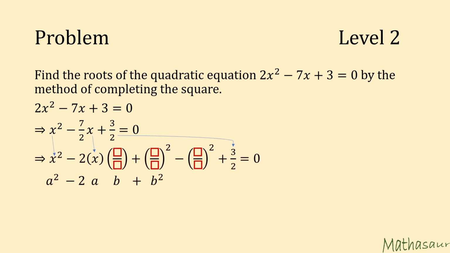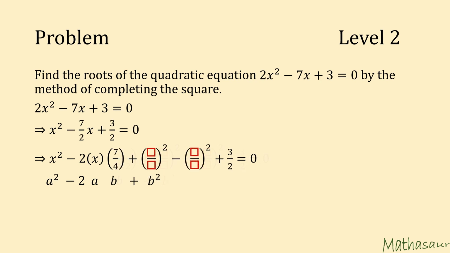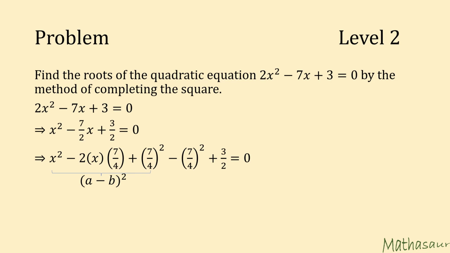Let us compare this with a square minus 2ab now. Now if a was x, then we would get b as 7 divided by 2 times 2, or 7 by 4. So let us add and subtract 7 by 4 whole square. Now we could reduce the first three terms as a minus b whole square. Let us simplify the rest of the terms and take them to the right hand side.